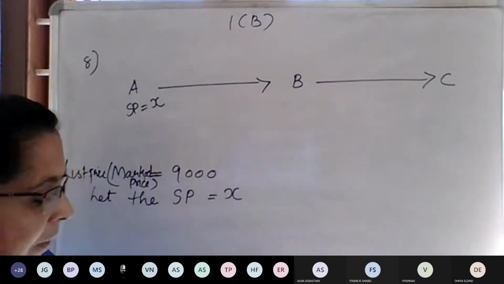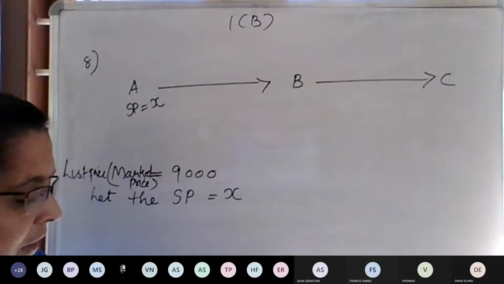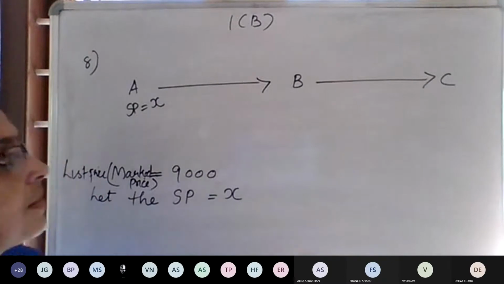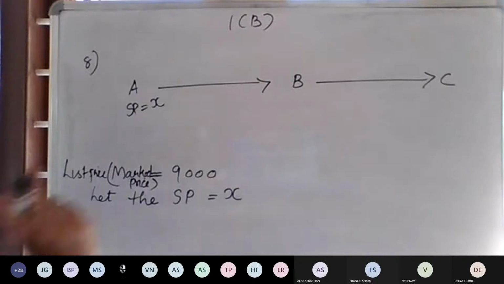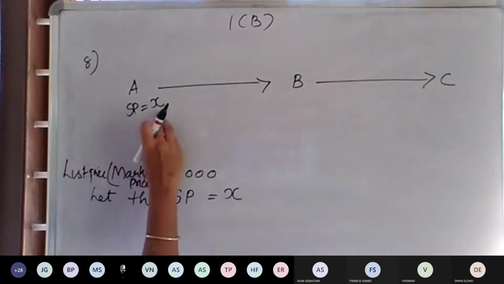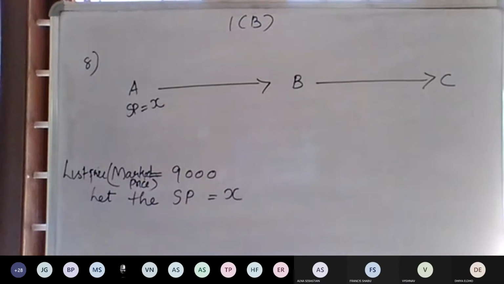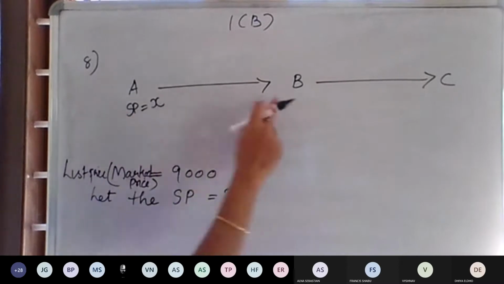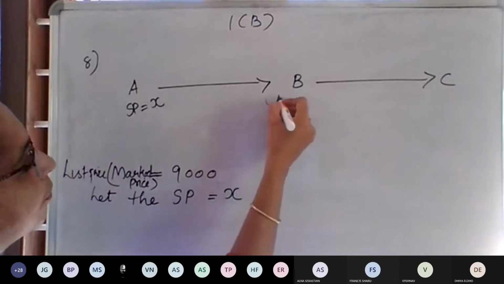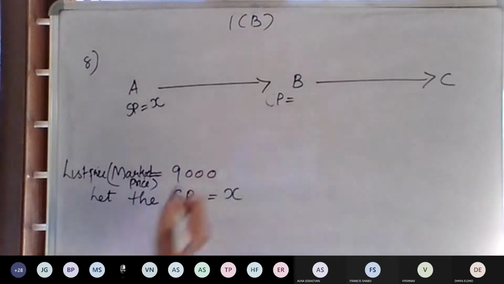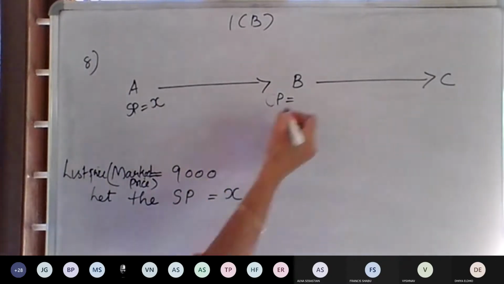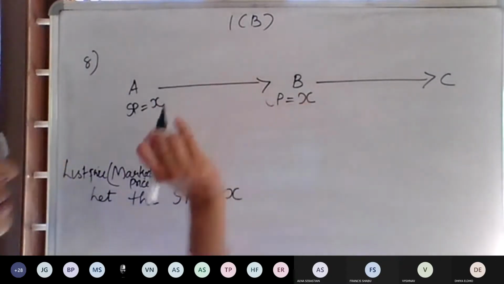Further, dealer B sells the same article to a customer at its list price. So SP is equal to X. Then what will be the CP of B? SP is equal to X, so the CP of B is X itself.